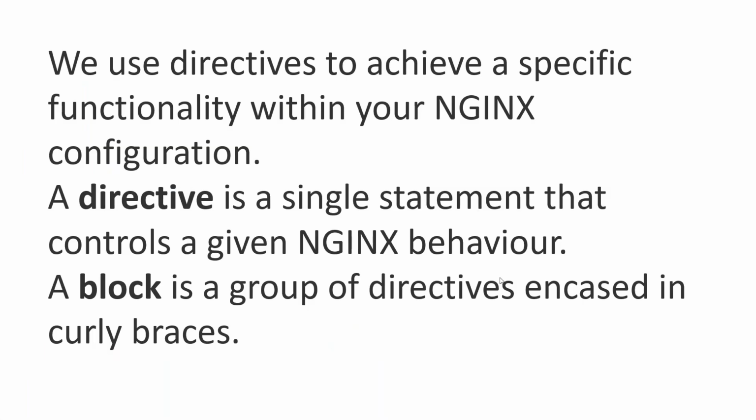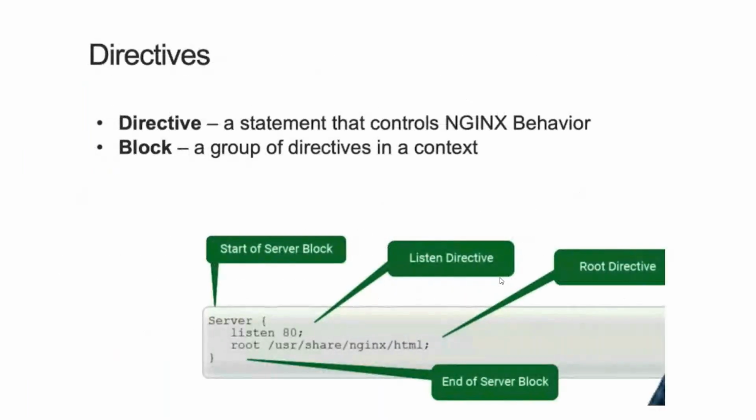So a block is a group of directives encased in curly braces. So look at this here. Here you have a server block, and inside that you have two directives, listen and root, and the end of this block. Simple, not complicated.